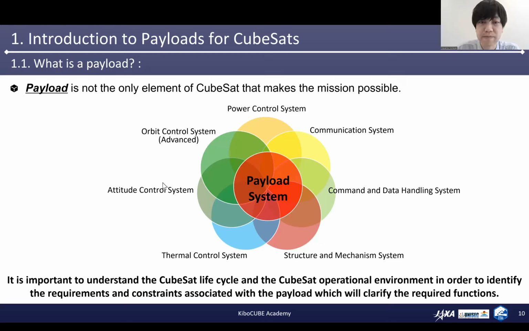A 1U CubeSat is a 10 cm cube with a mass of approximately 1 to 1.33 kg. The dimension in the laid direction is a bit longer than 10 cm, as illustrated in this figure.